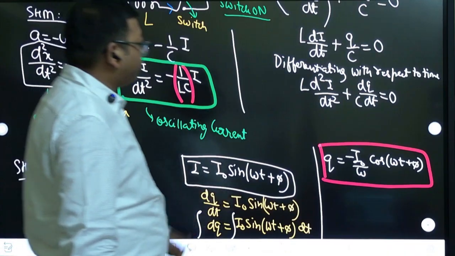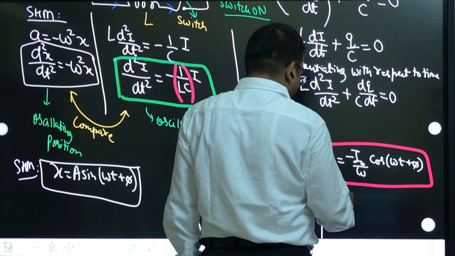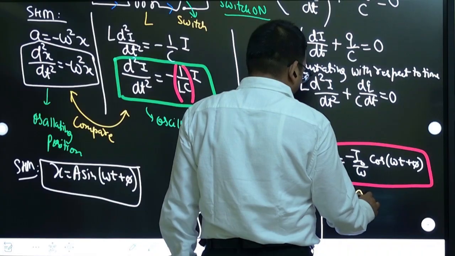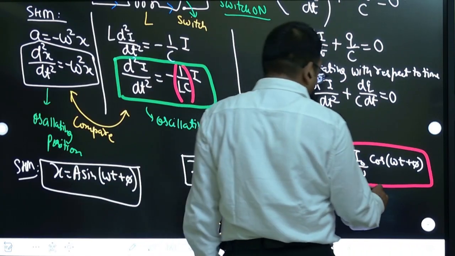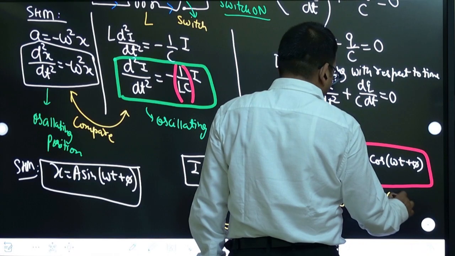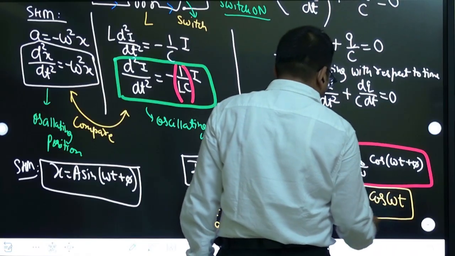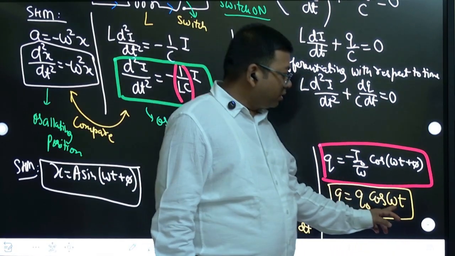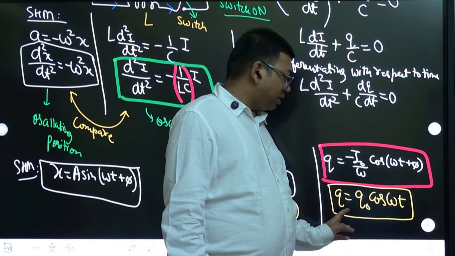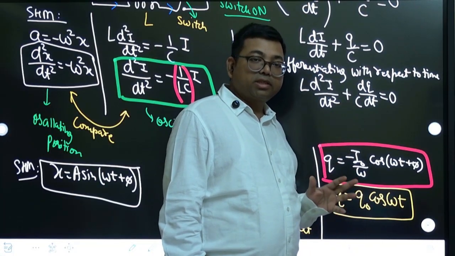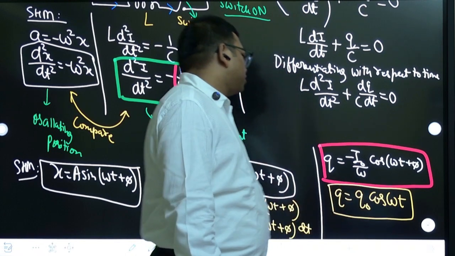If I write the magnitude of charge, q equals q naught cos omega t, in terms of omega t. Because when you take time equal to 0, cos 0 is 1, so charge is maximum. Initially charge was maximum only. You can use this equation.